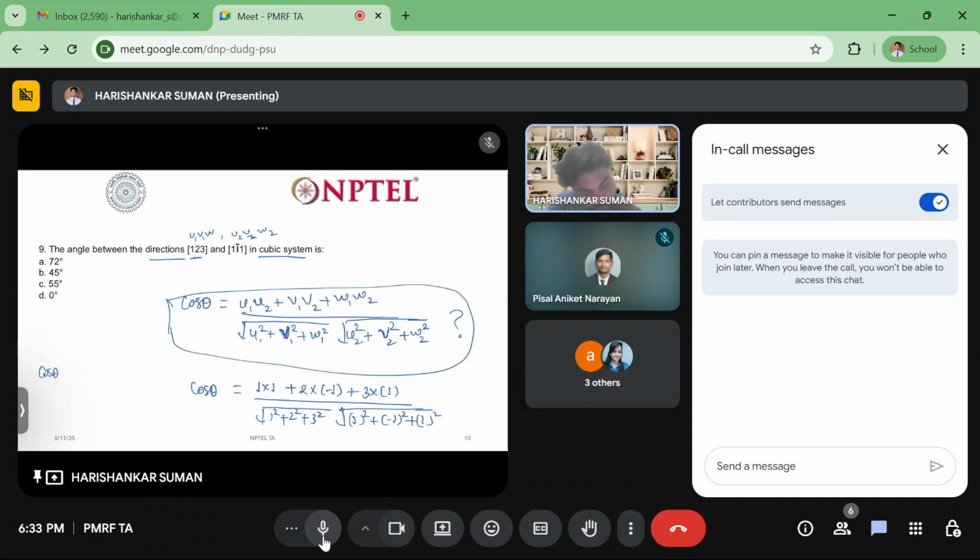It would be 1 minus 2 plus 3, and 1 plus 4 plus 9 is 14, and 3, so 2 by.